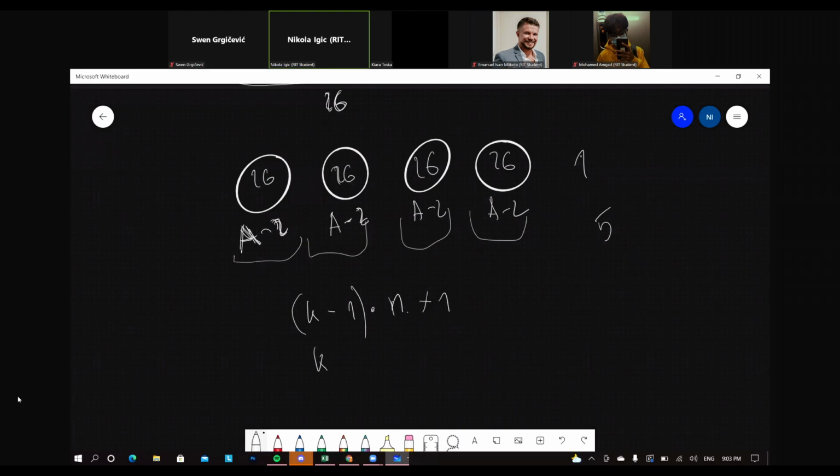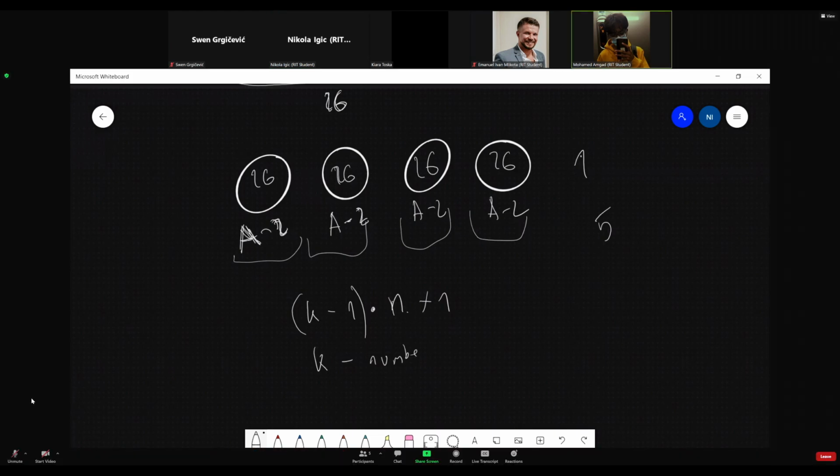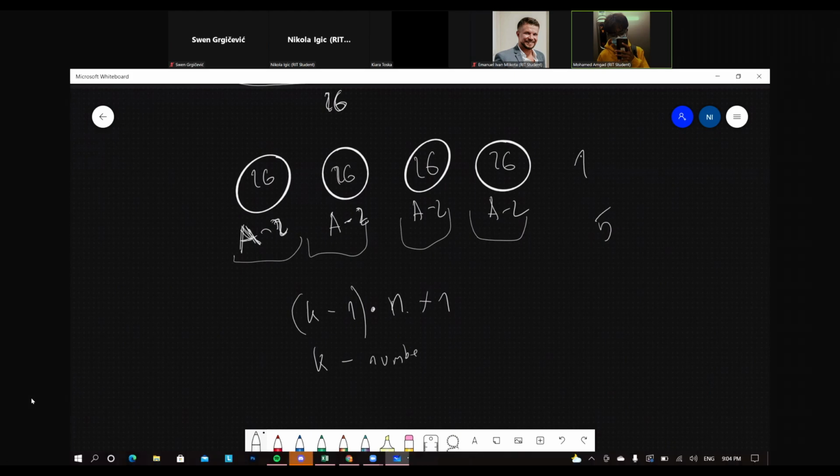K is the number of letters. Can you forget power of n? What do you mean by power of? K minus 1 in parentheses power of n, or maybe I'm tripping.